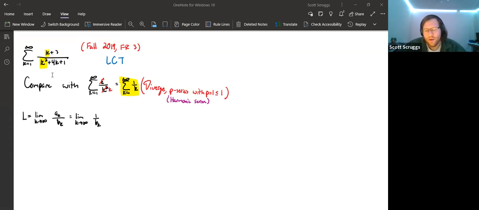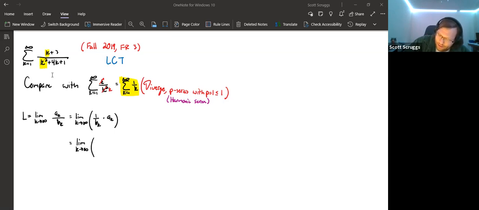Now, this is an extra step that I typically do because it helps with the work. I always think of this as taking the reciprocal of the terms of the series that I'm comparing with, and then multiplying it by the terms of the original series. Doing that, I get 1 over b of k.